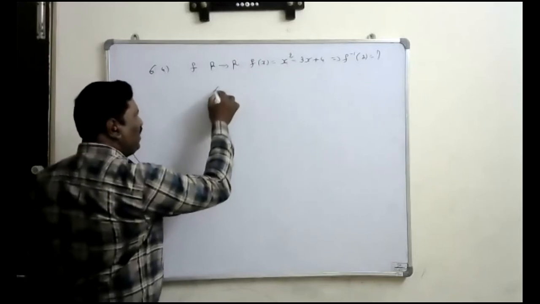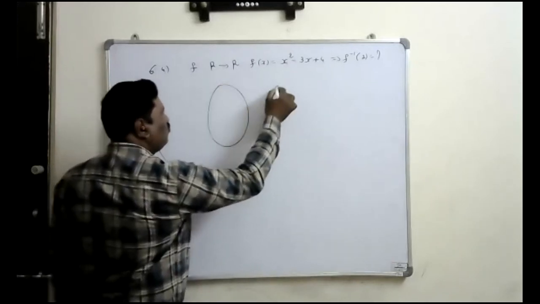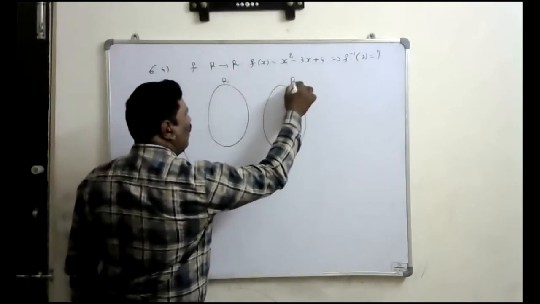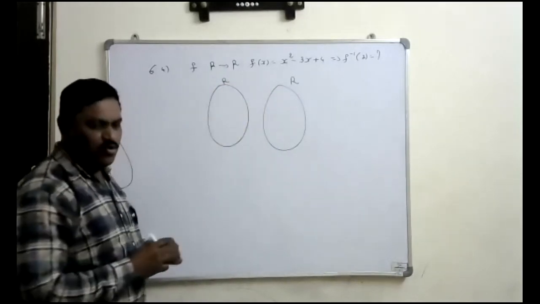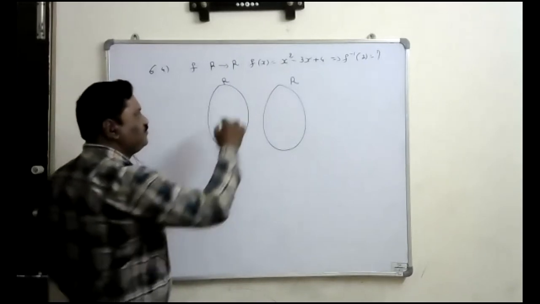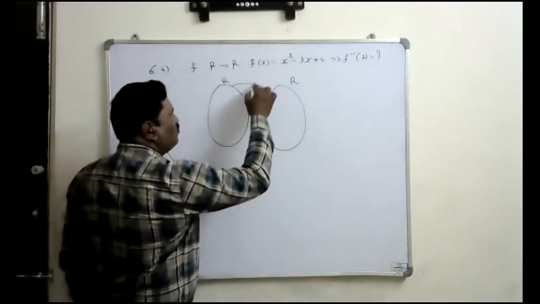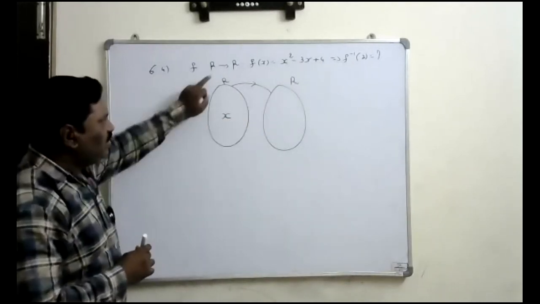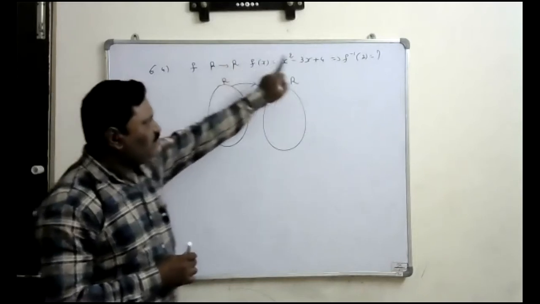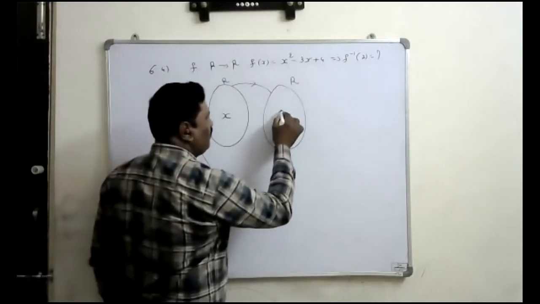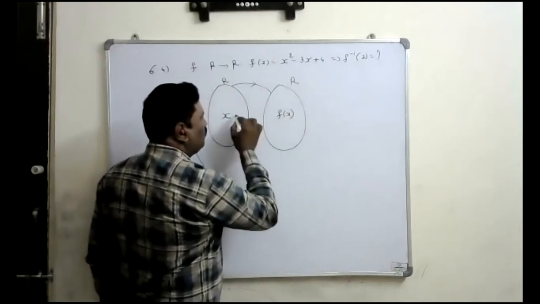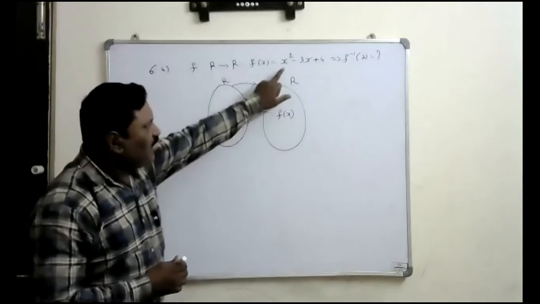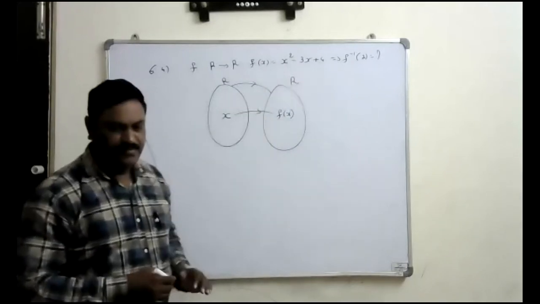This means there is a function f defined from R to R. The domain is R, the codomain is also R. So f of x means if small x belongs to the domain R, then its corresponding image is f of x. So the image of x is f of x, and that value is given as x square minus 3x plus 4.